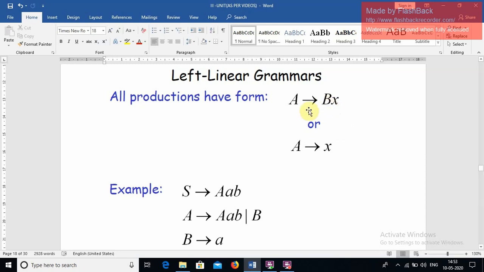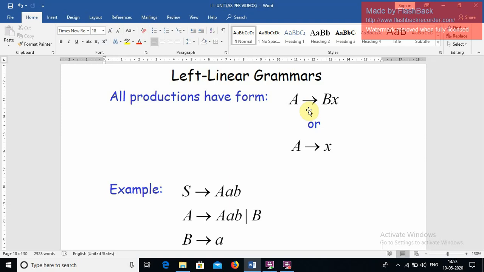Context free grammar has only one non-terminal at the LHS in the production rule. I am repeating what context free and linear are, and what right and left linear grammars are. Generally a grammar can be represented with production rules. A production rule consists of two parts, one is LHS, the second one is the RHS.